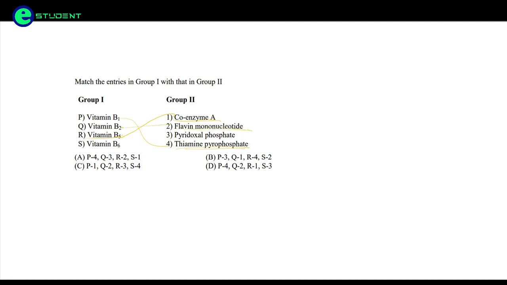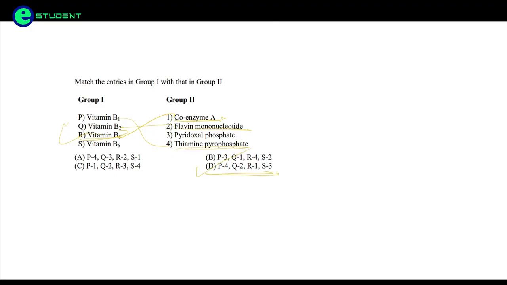Okay, so with these options, even if we know about one vitamin, we can answer the whole question. Like vitamin B5 is involved with coenzyme A here. So you see R1 is only given in this question. So D is the correct option here.